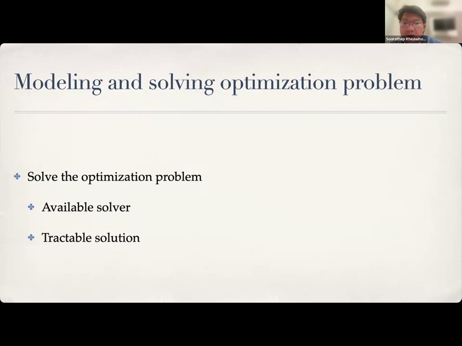But if you formulate that problem and it takes 30 minutes to solve the problem, it causes a problem, right? Because you have to implement the solution in a minute, but you have to solve it in 30 minutes or half an hour. So it's not tractable. That is the definition of tractable. We have to consider.